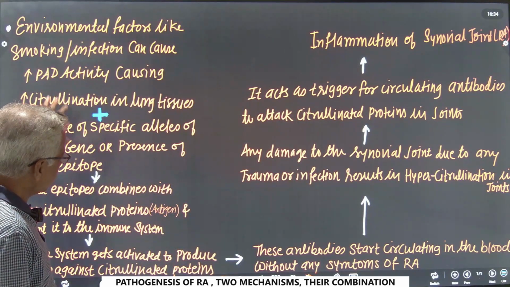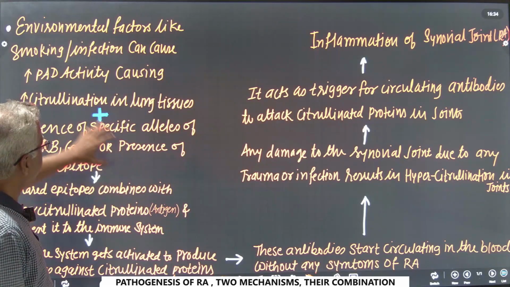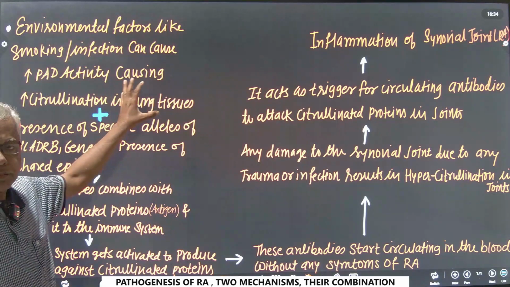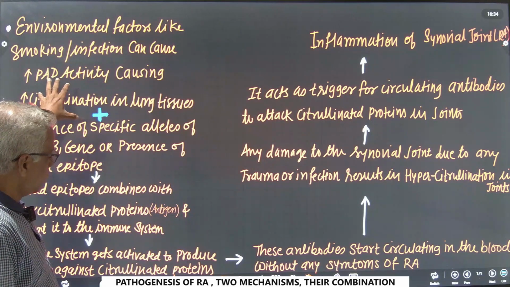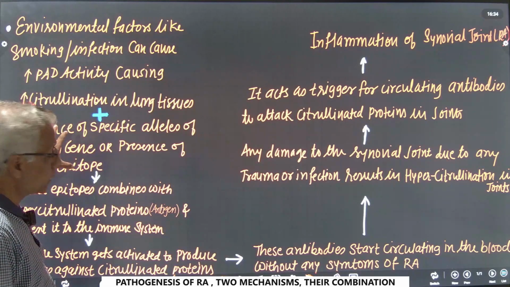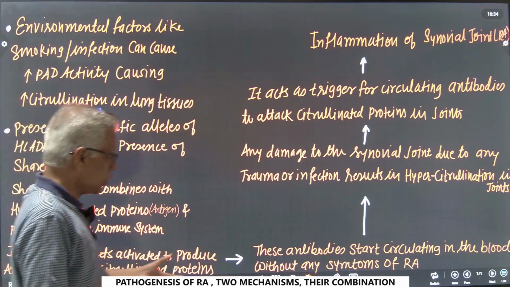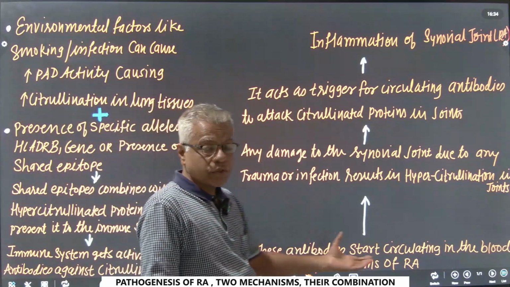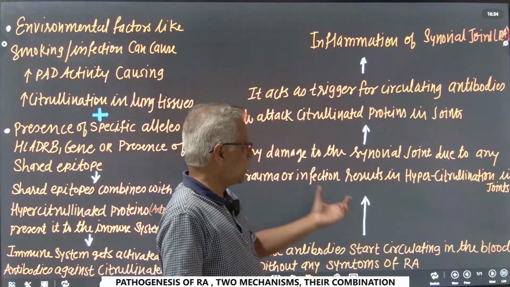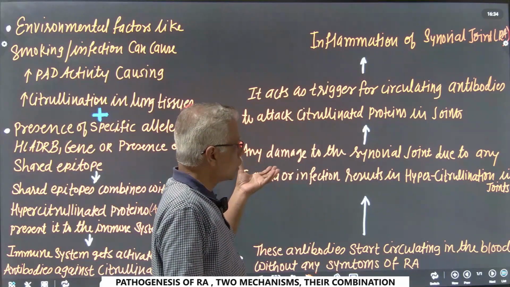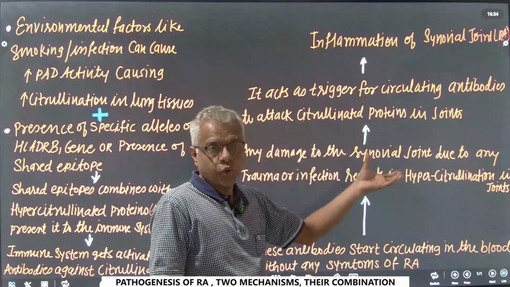In this whole process, first of all there is hypercitrullination in the lungs, and this leads to the formation of antibodies. These antibodies circulate in the plasma, and they will attack the synovial joint.